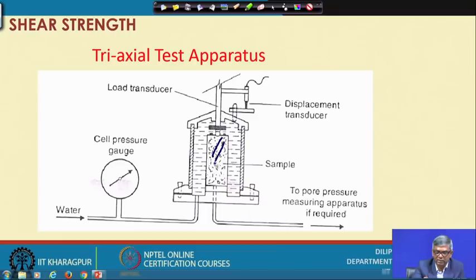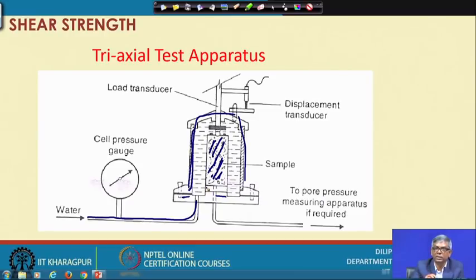This sample will first be erected on the pedestal stand on the machine, and then after erecting the sample, this chamber, this cell, will cover it, and all should be leak proof. After covering by this cell, we can push water inside it and fill it, and we can apply a definite amount of pressure.